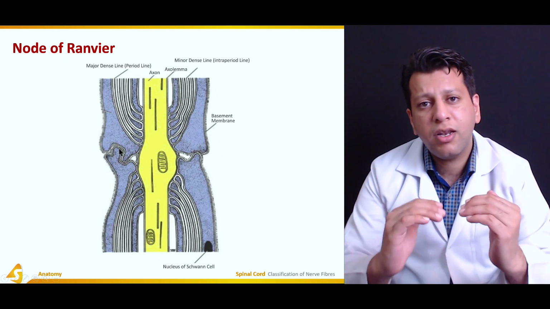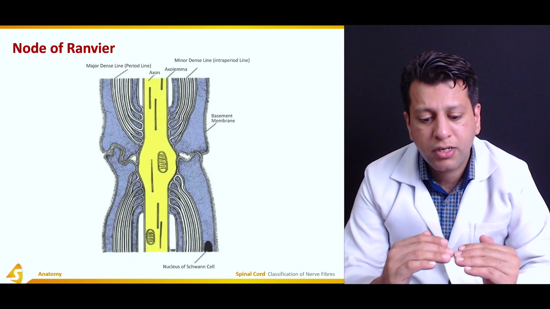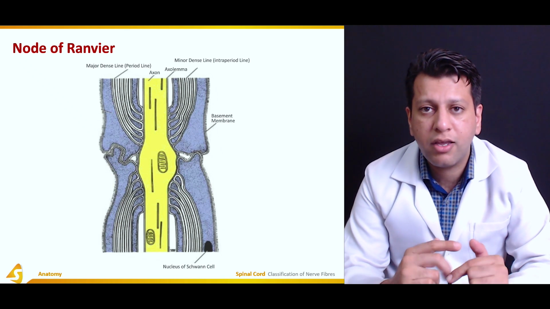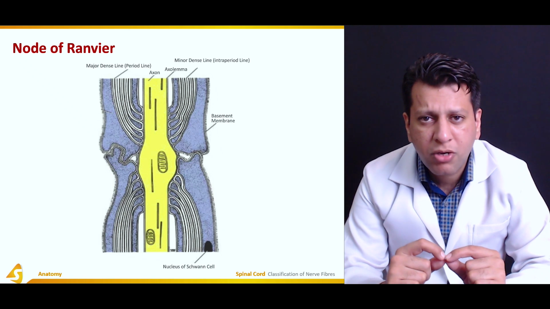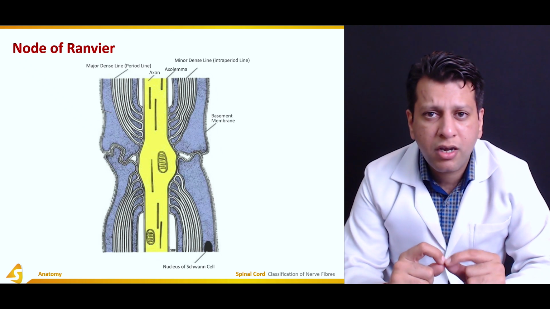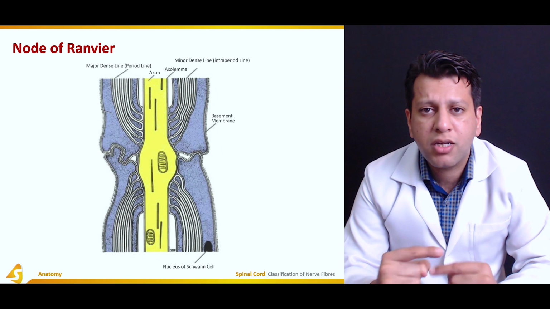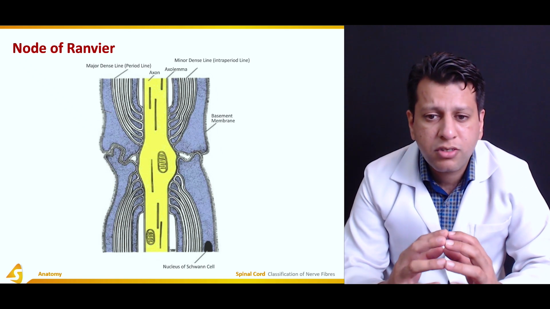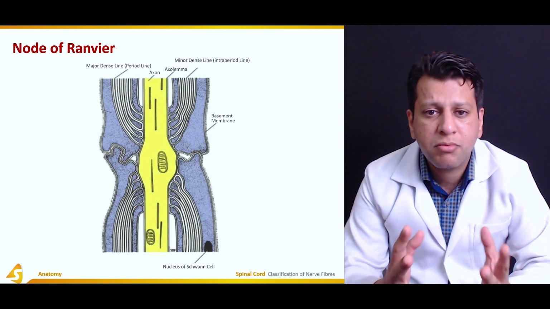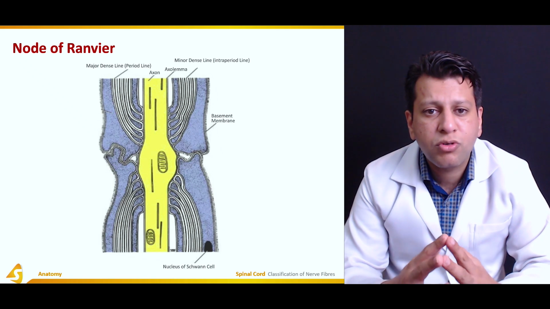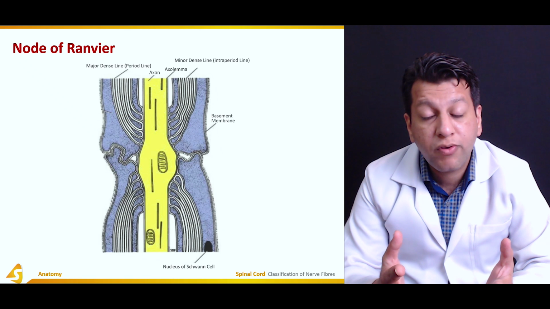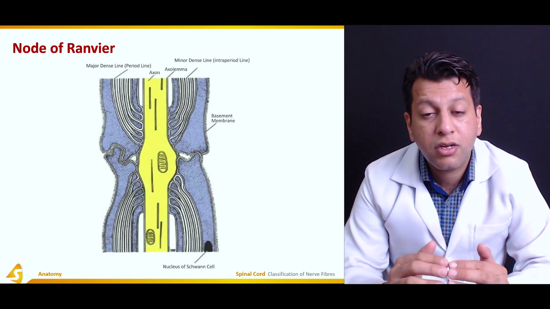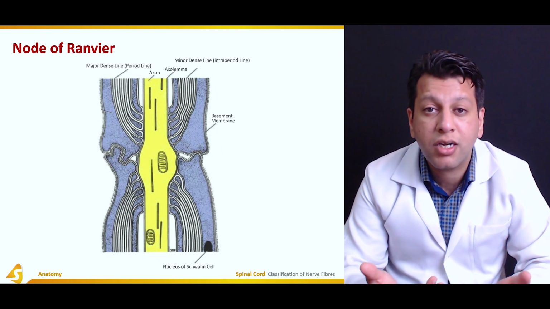If you see it in the lateral view, you appreciate that there is a high grade of myelination. Then there is a very small area, maybe in microns, which is not myelinated, and then again the myelination starts. This area is termed the nodes of Ranvier. Their role is that they are helpful in saltatory conduction.